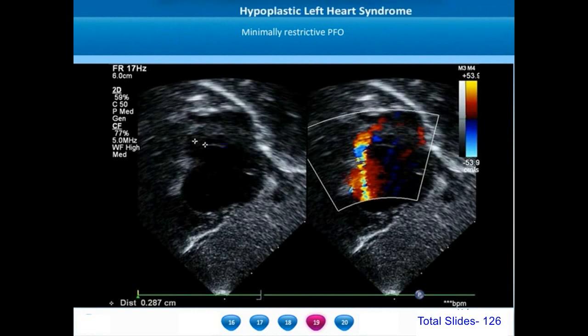This is a minimally restrictive foramen ovale. The anatomic size of the foramen ovale is around 2.8 millimeters. You can see a mild turbulence on the color Doppler.